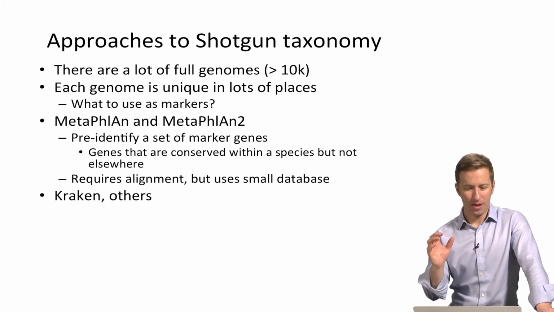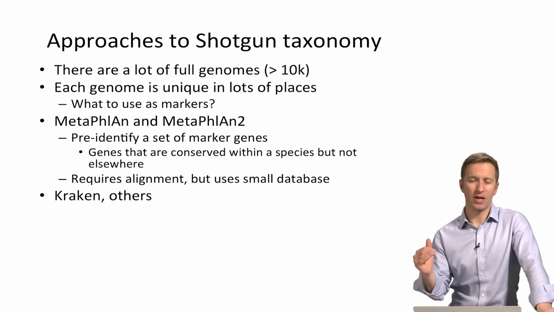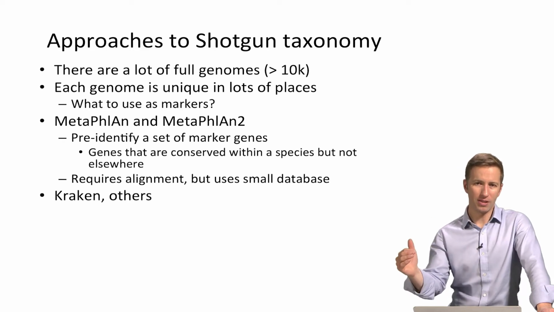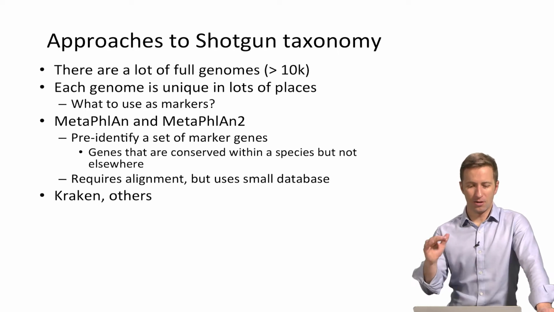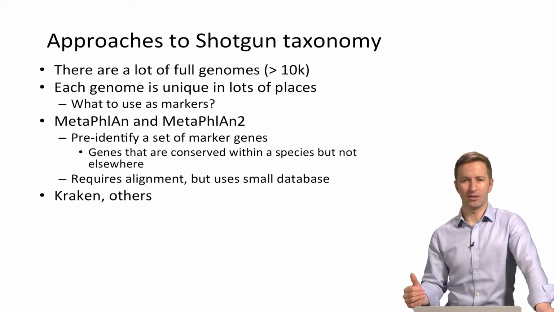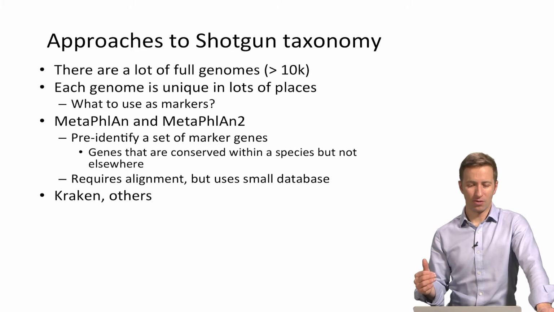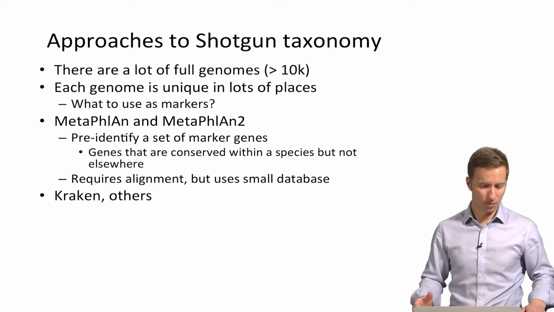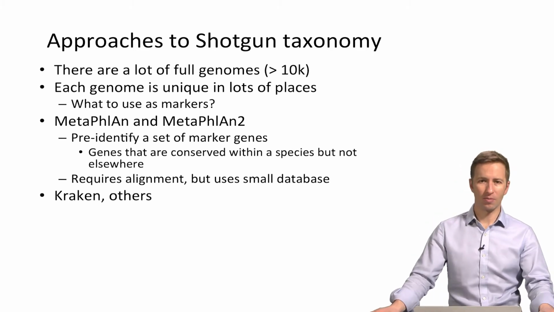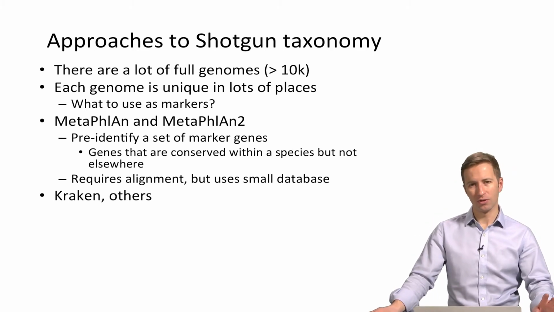So in theory, every single k-mer that is unique within a species and doesn't show up in other species is stored in the Kraken database. And so it's a very large database, takes up a lot of memory, somewhere in the 50 gigabyte range if you want to use their full database.